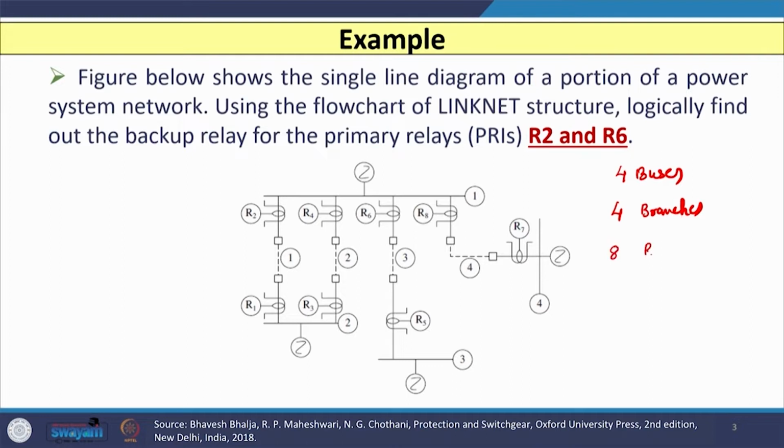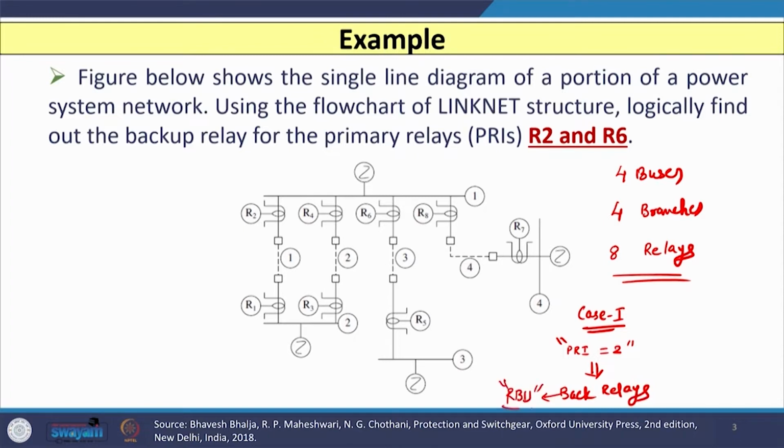So, a total of 8 relays are available in this given network, and using the linked net structure we have to find out the backup relay pairs. In case 1, I consider primary relay PRI equal to 2, and then I have to calculate backup relays. I call this backup relay RBU.